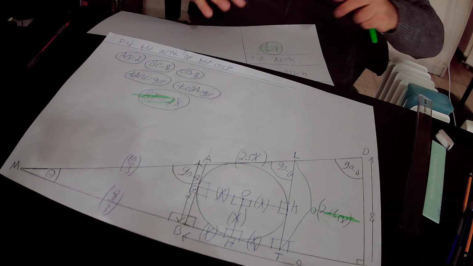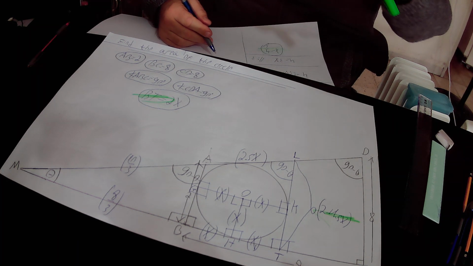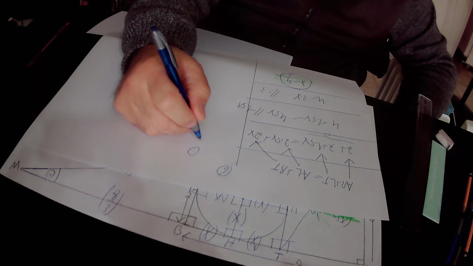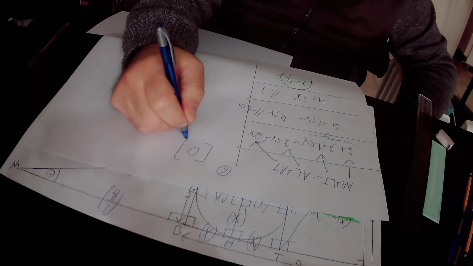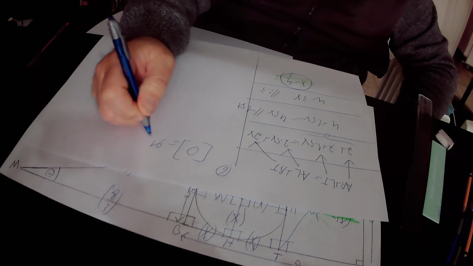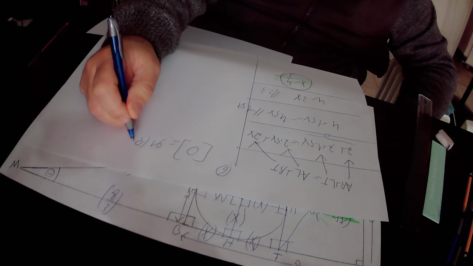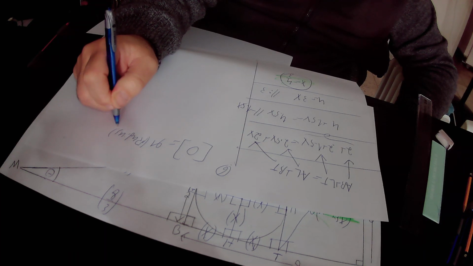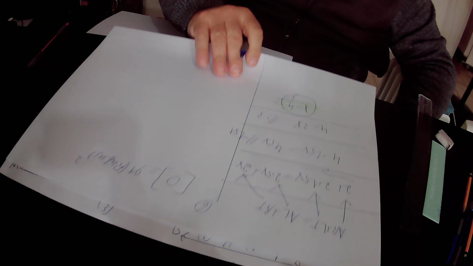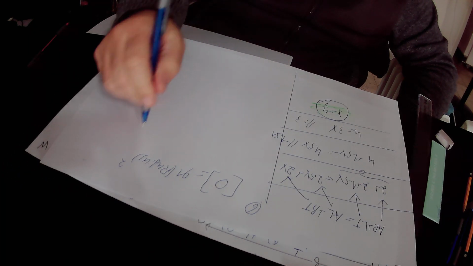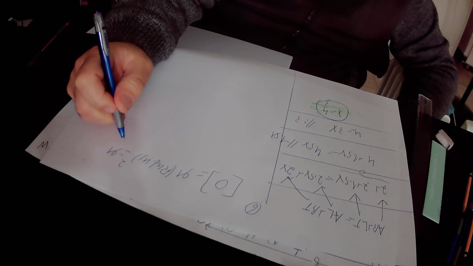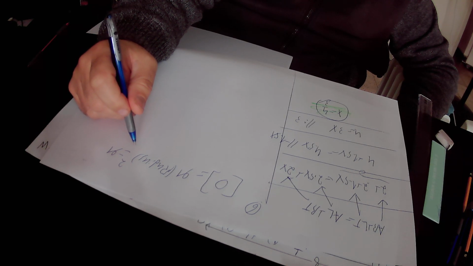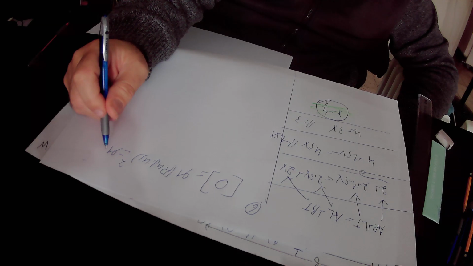Our mission is to find the area of this circle. And we know that the area of any circle is equal to pi times the radius of the circle squared. Therefore, the area of our circle will be equal to pi times the radius squared. The radius is x, therefore the radius squared is x squared.